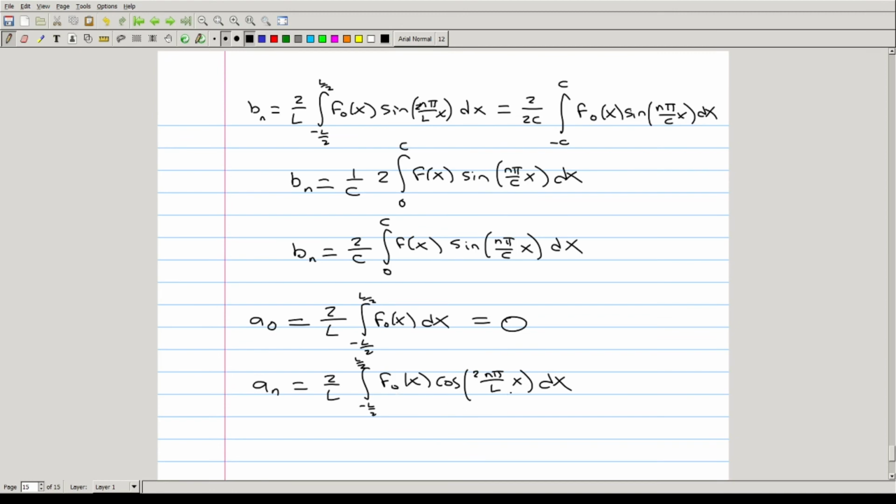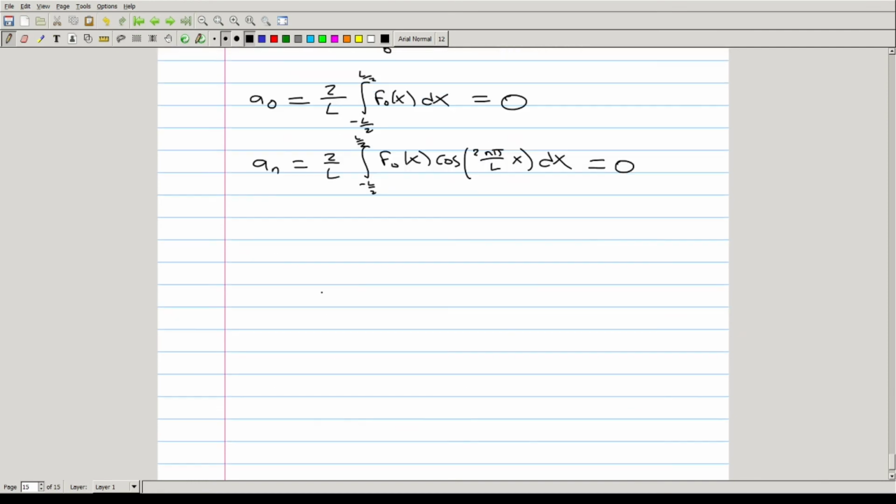And an odd function times an even function is an odd function. So this integral will be 0 as well. So the Fourier sine series of the function f of x on the interval from 0 to c will be the sum from n equals 1 to infinity of bn times sine of n pi over c times x.